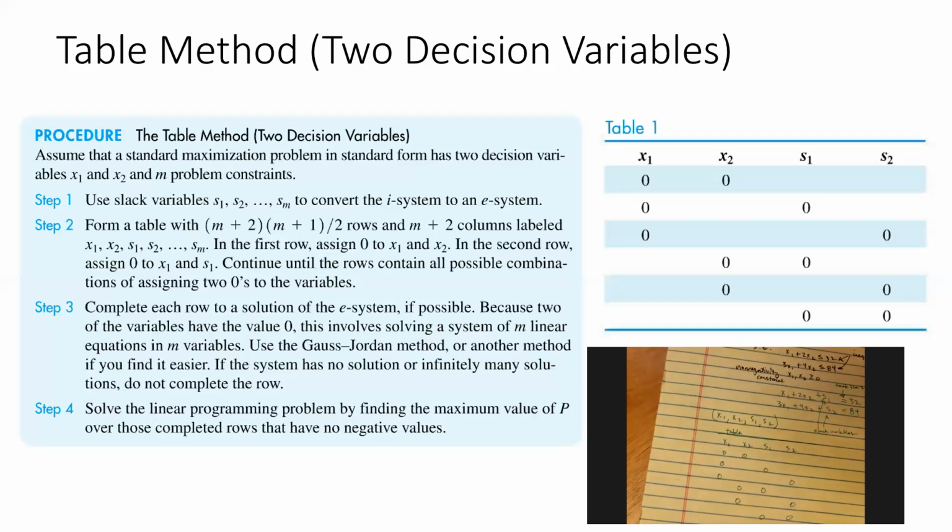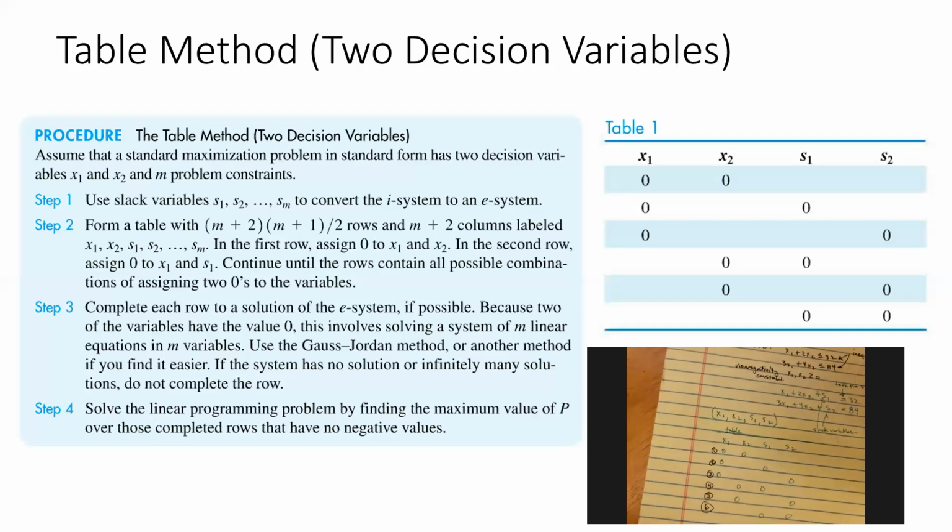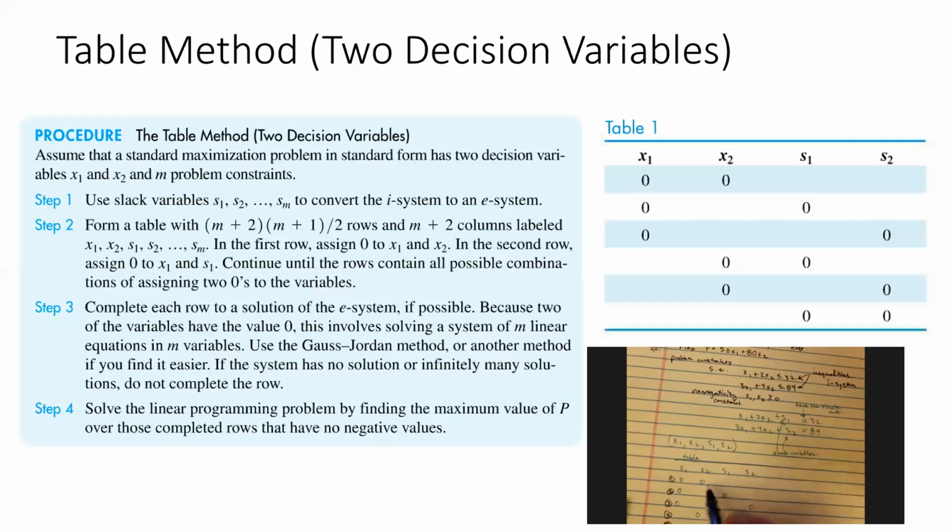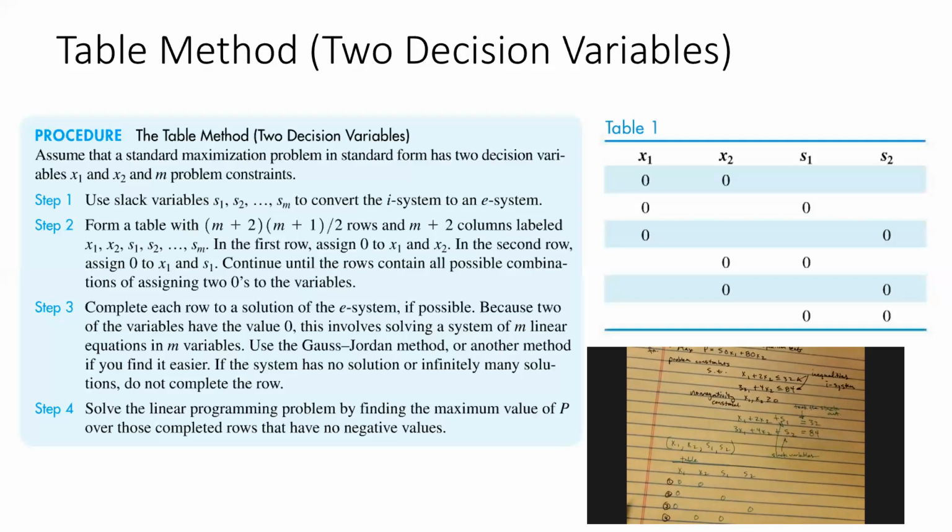Now you might be wondering, how do I find out what these values are? You're going to have to solve each of these systems. For the first one, we have x1 and x2 equal to 0.